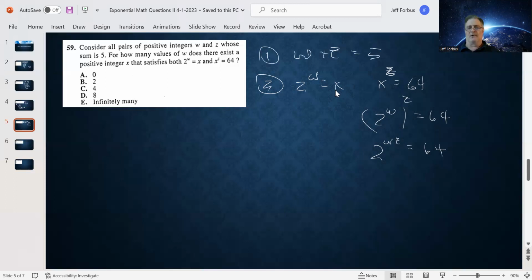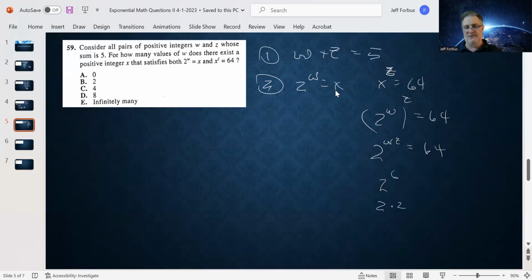So what number do we need W times Z to be to give us 64? So W times Z needs to work out to be 6, because 2 to the 6th is equal to 64.